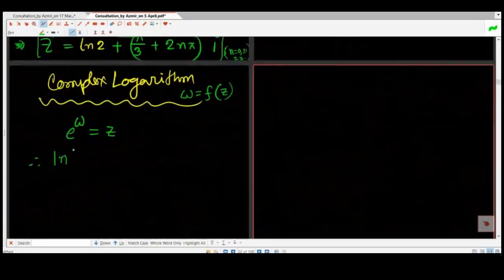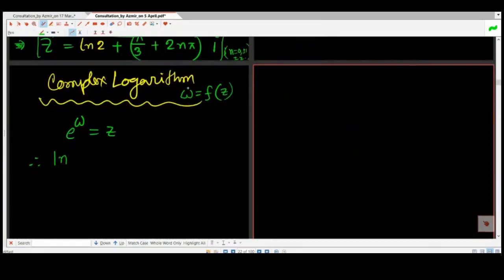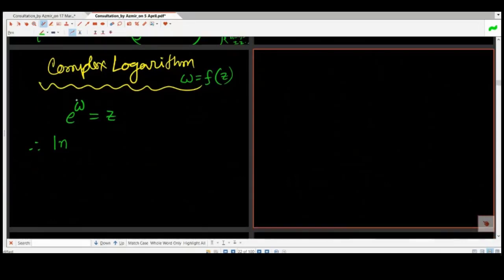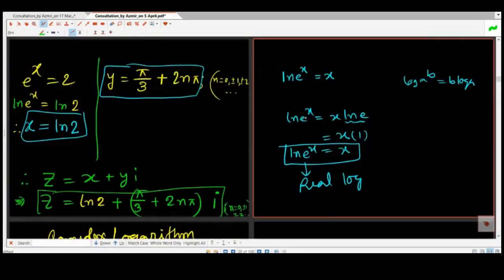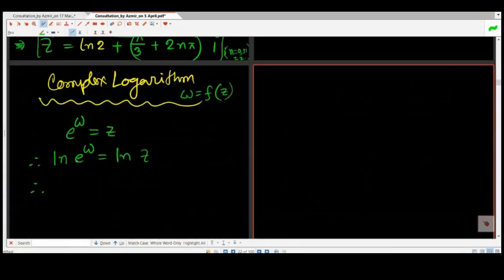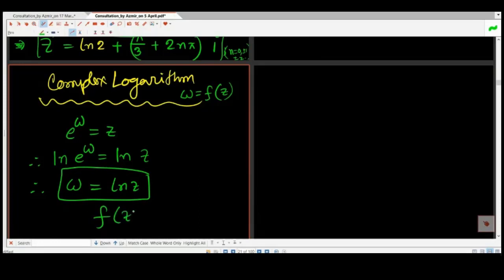Similarly, from this equation, we have to find w. So we are taking log on both sides. Natural log of e to the x equals x. That means natural log of e to the w is equal to w. So this is equal to natural log of z. That means this is our f of z. So we can say that w equals f of z equals natural log of z.